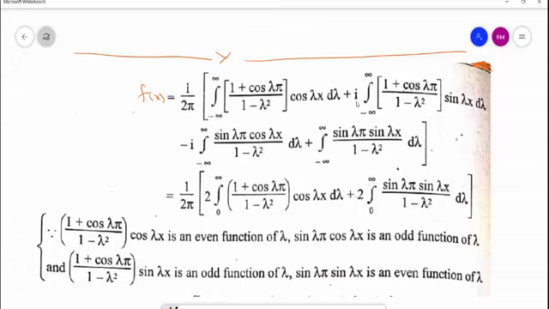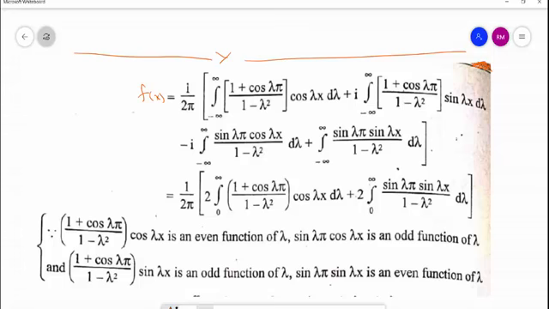So if you observe the first term integrand, observe here, 1 plus cos lambda pi whole divided by 1 minus lambda square, complete, times cos lambda x. So if you replace lambda by minus lambda, then also we get the same value here. That's why this is an even function of lambda.